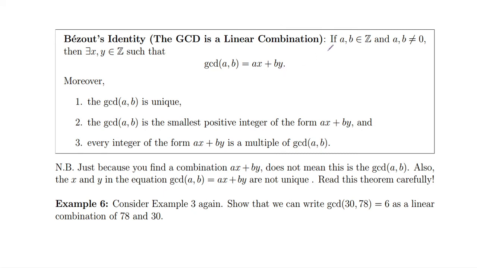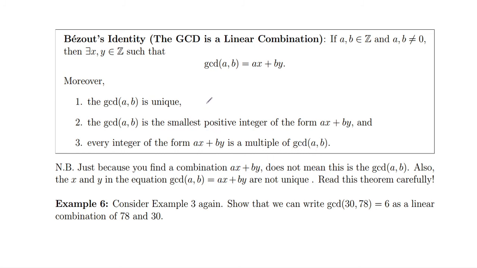Okay, and moreover, the GCD is the smallest positive integer of this form. Okay, so if you find other integers of this form, it turns out that every integer of this form is a multiple of the GCD.